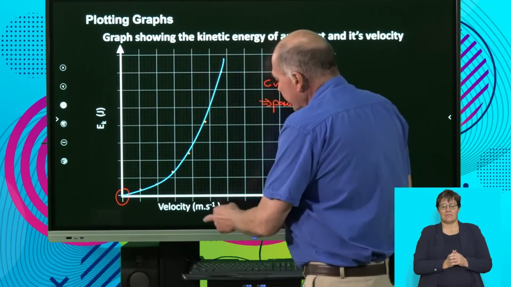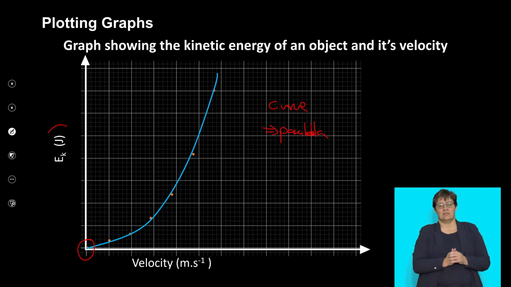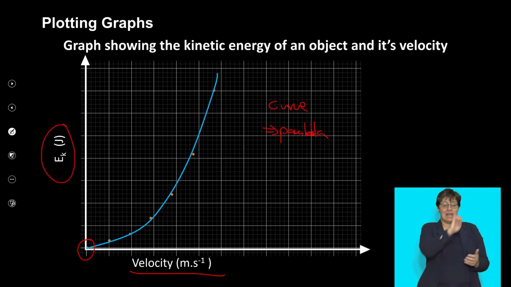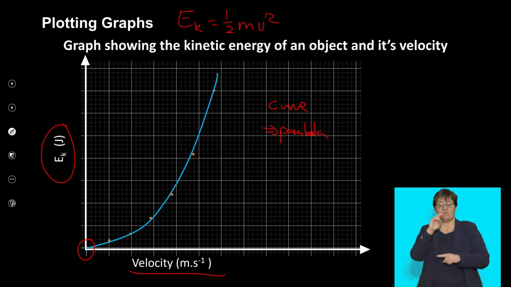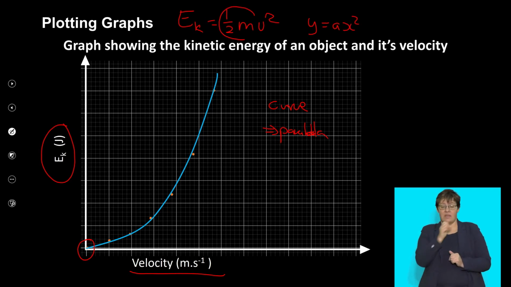Now, it's a graph of kinetic energy against velocity. You should know that kinetic energy is equal to half the mass times the velocity squared. If you look at that, you'll see that it's really in the form y equals ax squared, where this half m is equivalent to the a.